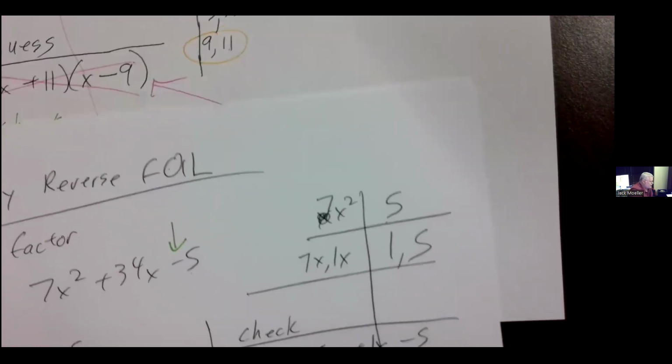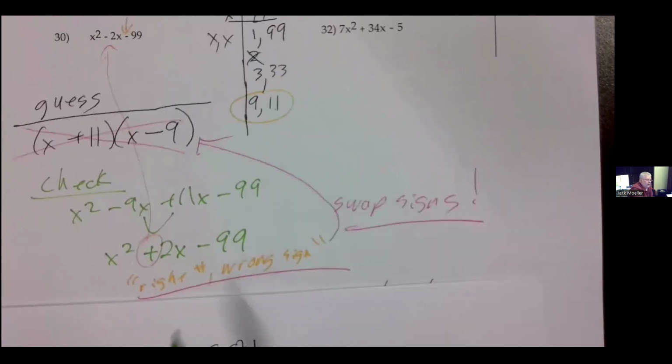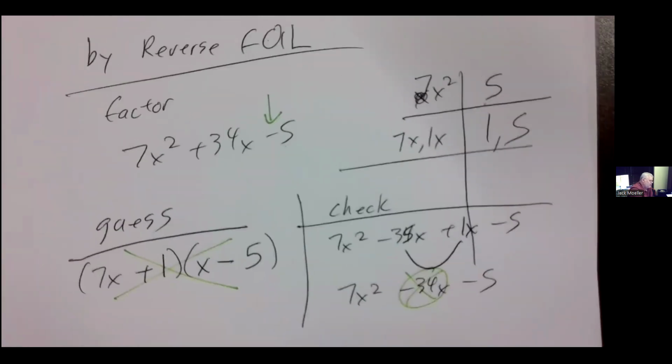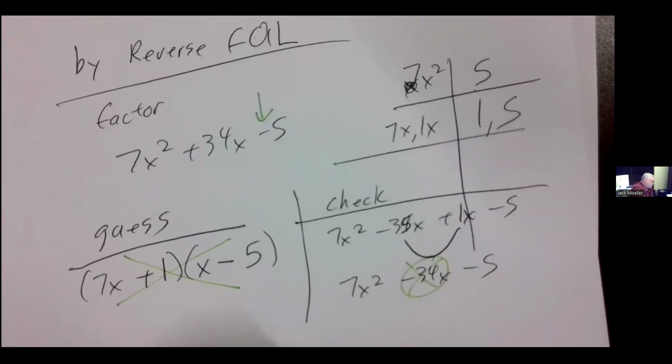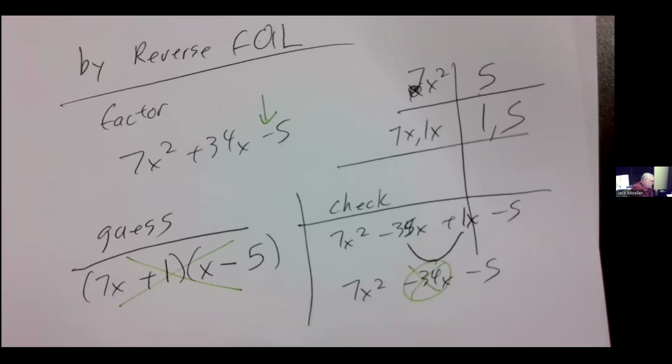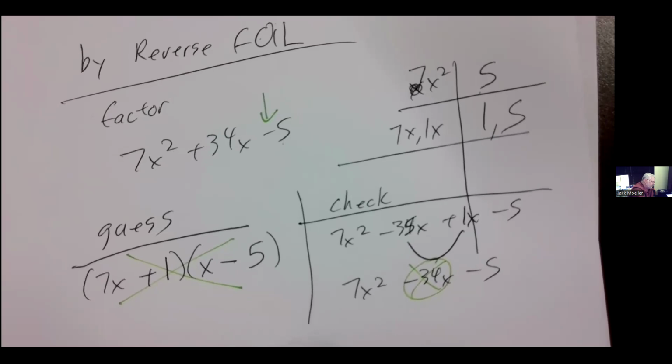So again, what that tells me is that, like we had before, we had the right number, the wrong sign. So that means we just need to swap those signs. Now we're swapping the signs, not the numbers. So it'd be 7x minus 1 and x plus 5.